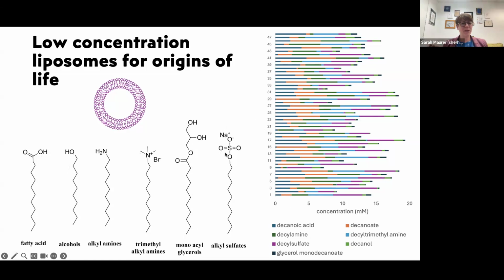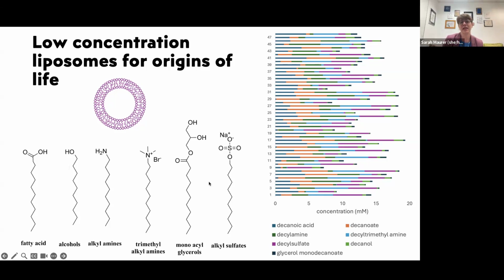The reason that we wanted to include these amines is because all life uses positively charged amphiphiles. In fact, the phosphocholine and phosphoethanolamine are very, very popular head groups for biological membranes, and there's very little research that has actually been done on how that composition impacts vesicle formation.